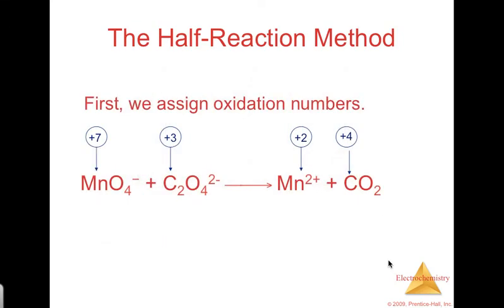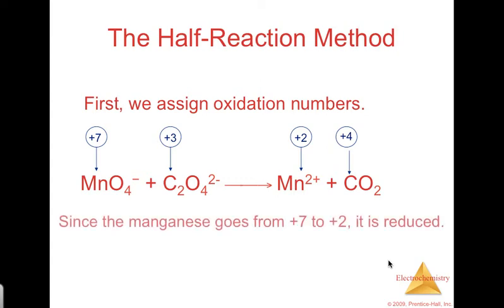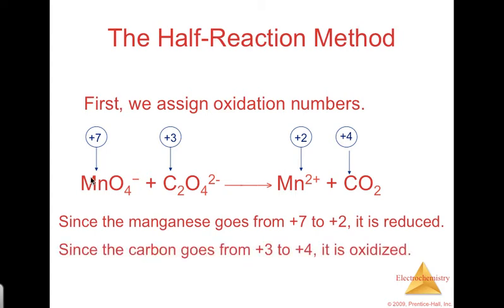So the first thing we do is assign oxidation numbers to determine what is being oxidized and what is being reduced. If you have trouble assigning those, please see me outside of class. The manganese here is going from a +7 to a +2. It is being reduced. That means the carbon must be oxidized.